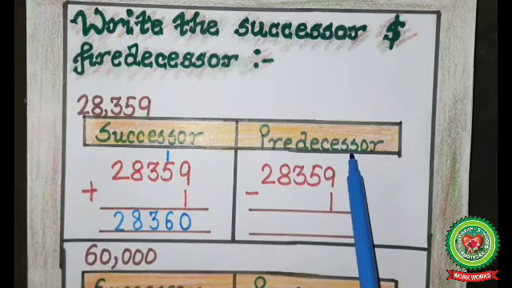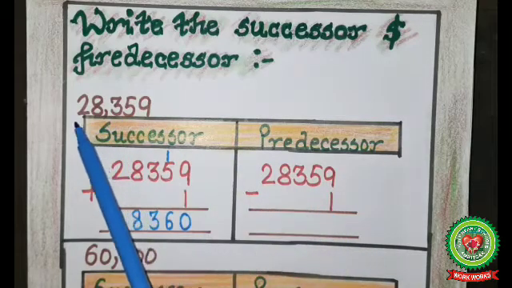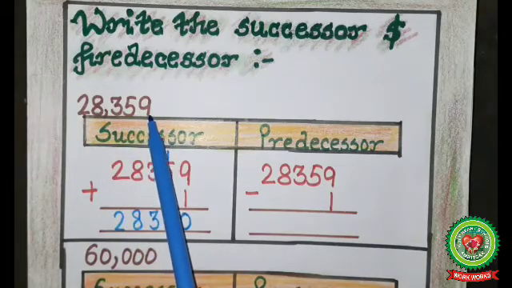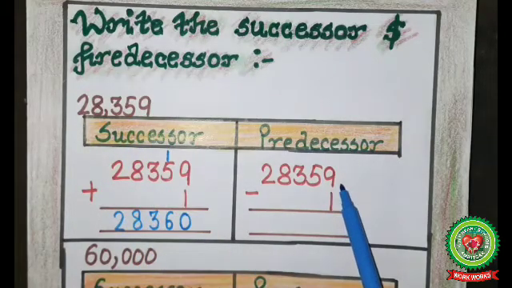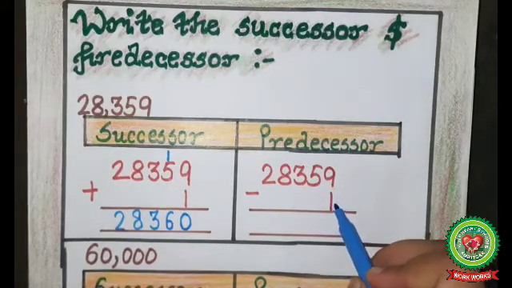Now, let's find out its predecessor. For this, what we will do? We will subtract 1 from the given number. That means 28,359. Now, let's do minus. 9 minus 1 is?